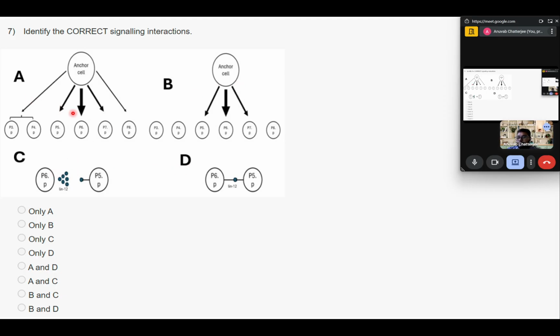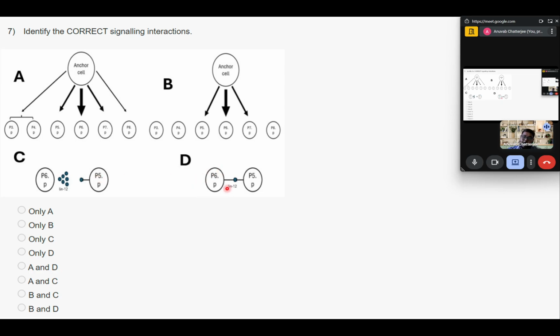In A, we see the anchor cell sending out some signals to all the cells, but majorly to the P5.p, P6.p, P7.p cells. In B, it sends out signals only to P5.p, P6.p and P7.p, but most of the signal is to P6.p. In C, P6.p is releasing ligands, LIN-12, and P5.p is accepting the ligands.